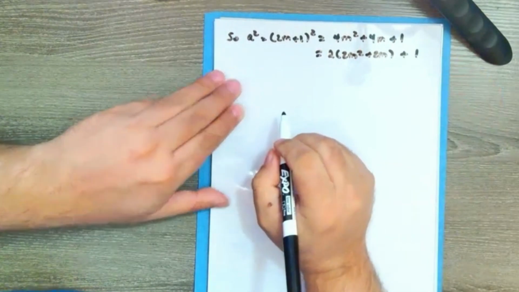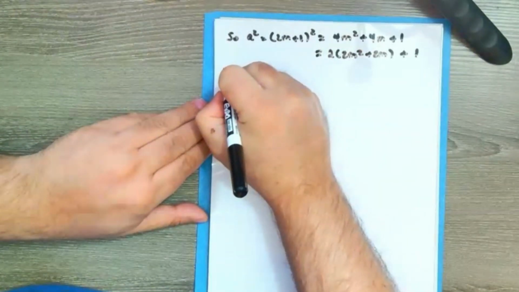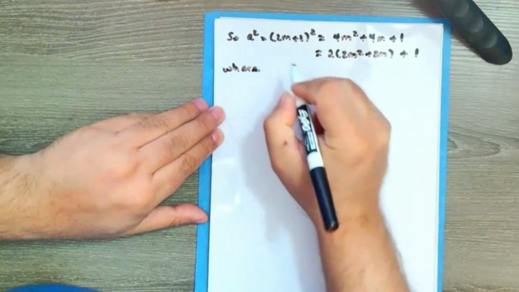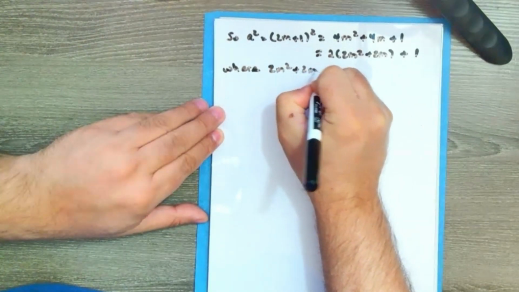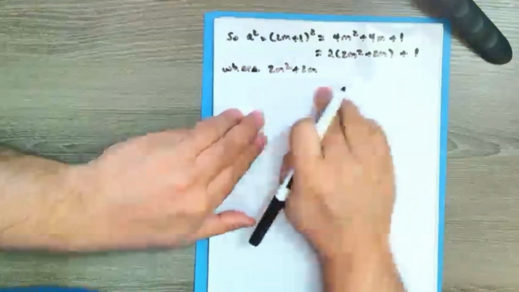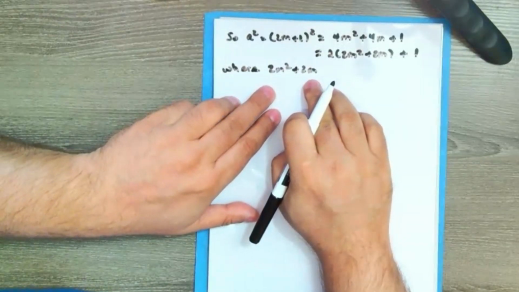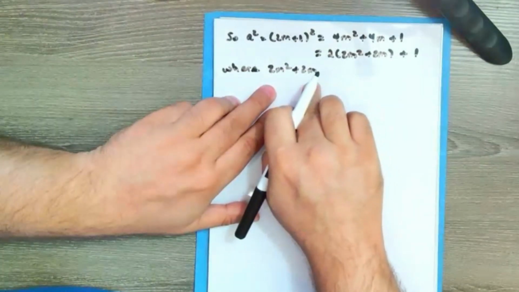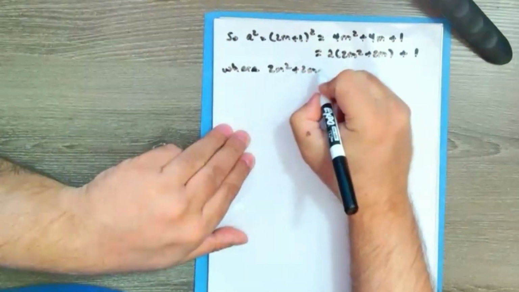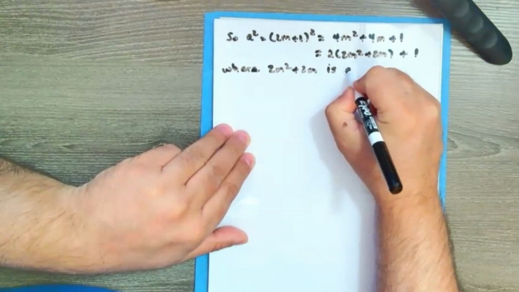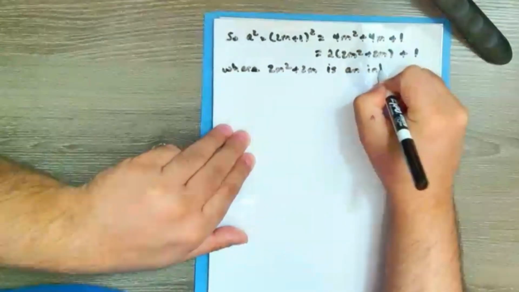plus 1, where 2m squared plus 2m, which is a sum of the product of two integers, or three integers in the case of the first term, is itself an integer.